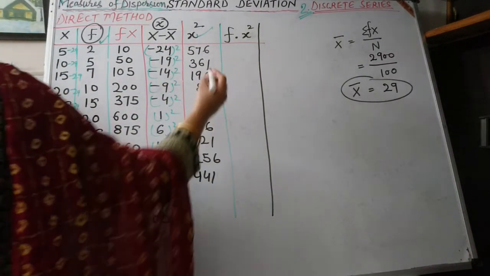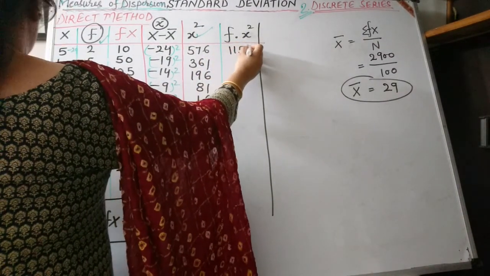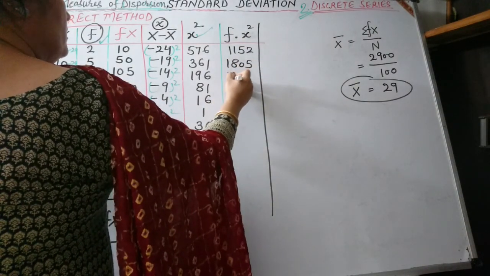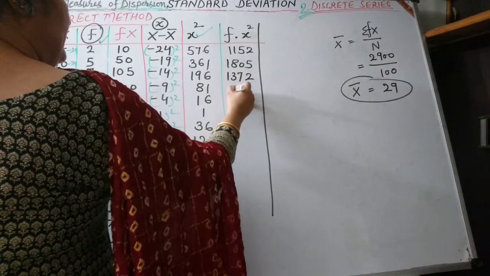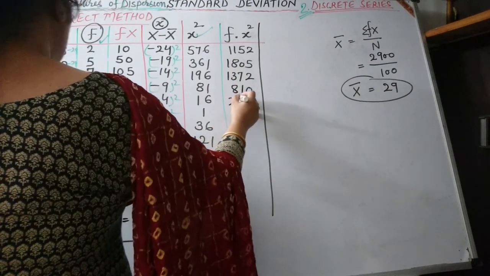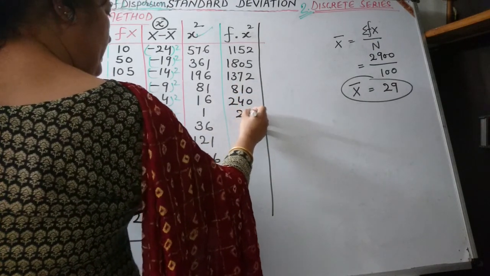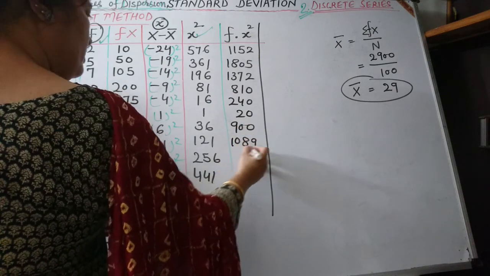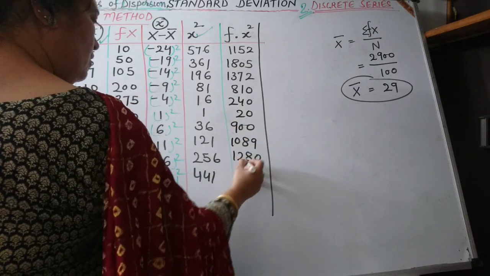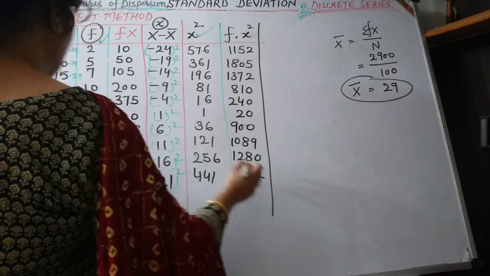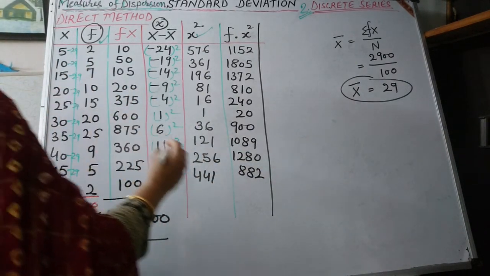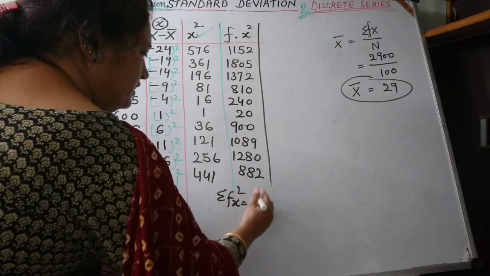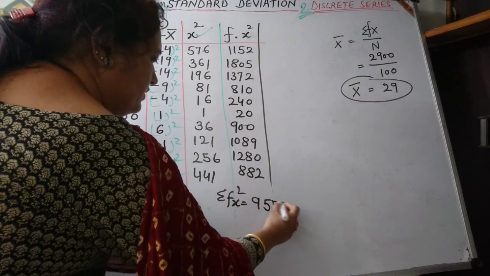So the values will be 1152, 1805, 1372, 810, 240, 20, 900, 1089, 1280 and 882. So the summation sigma fx square will be 9550.